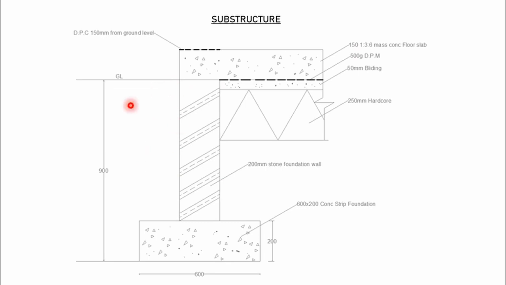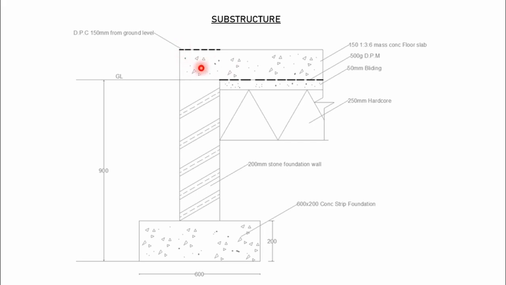But the most important thing here is once you know the foundation depth, then you start from that depth and go to the ground level, and then you can measure every other thing in as far as the ground level is concerned. Once you reach the ground level, you can put your DPC at 150 from the ground level, and then measure the floor.